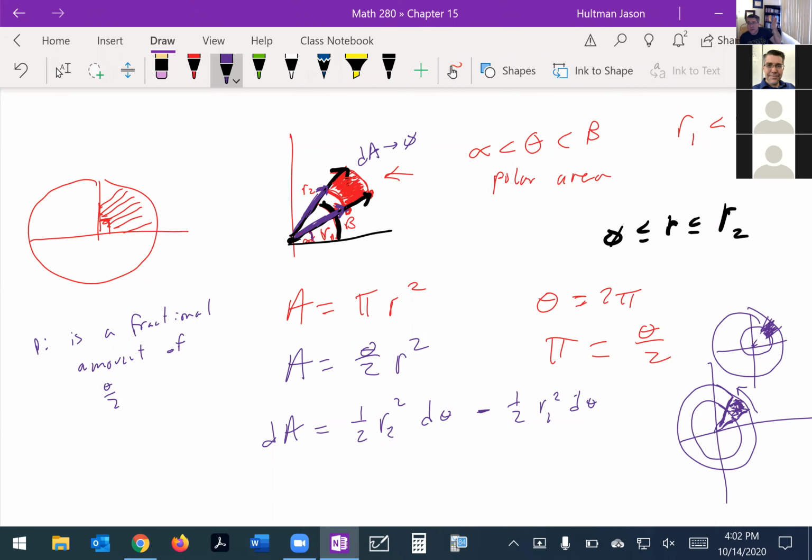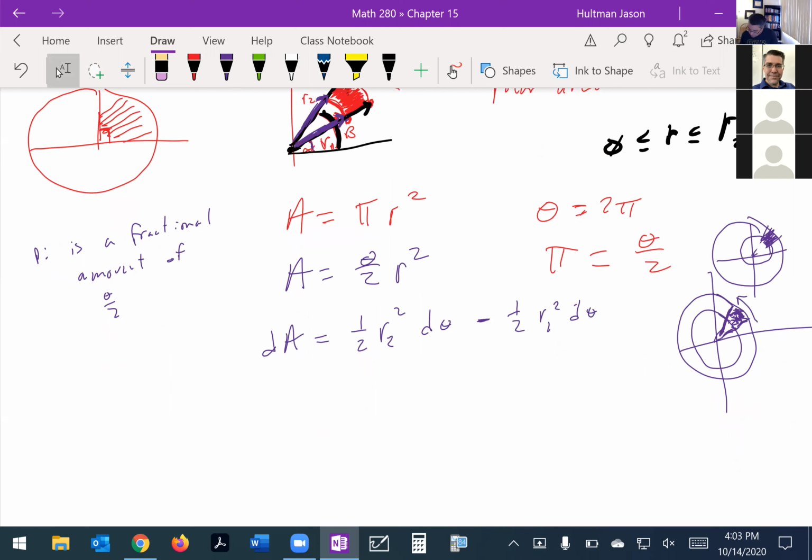We want to know what happens when all these little dAs go to 0. Then we can find some really cool integrations of polar curves. If I do a double integral, then I'm going to get a volume within a polar curve. So we're kind of setting that up here.